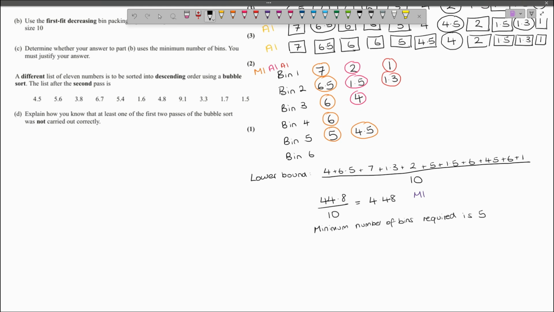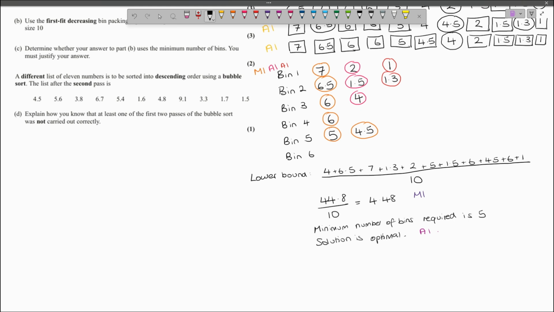That's all you have to write. And by saying that the minimum number of bins required is 5, you can now conclude that the solution is optimal. And writing that will get you your final A1 mark.